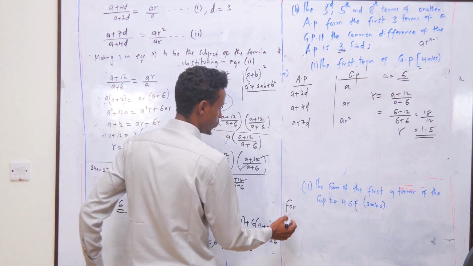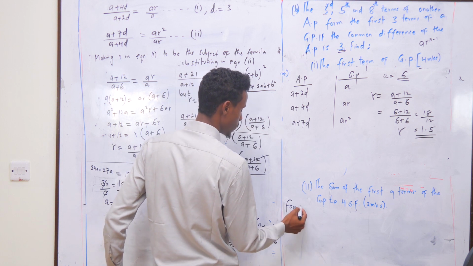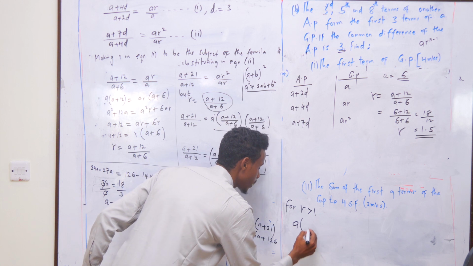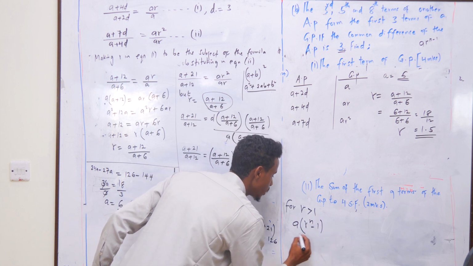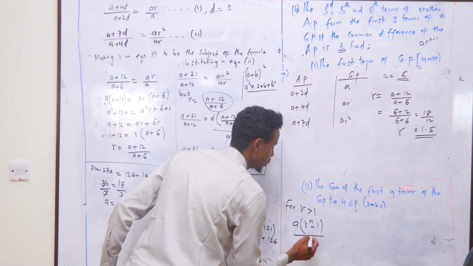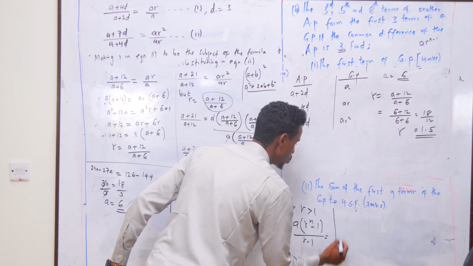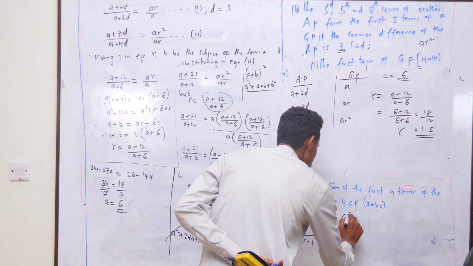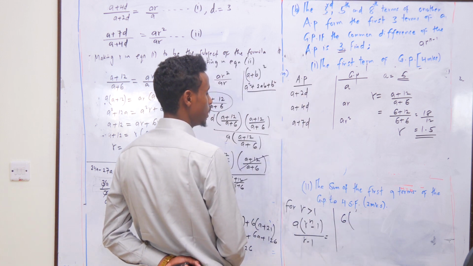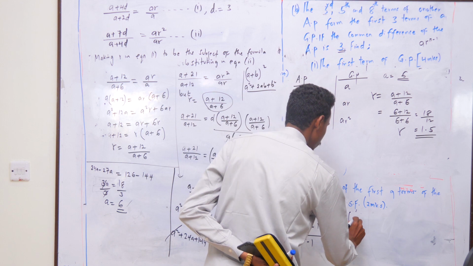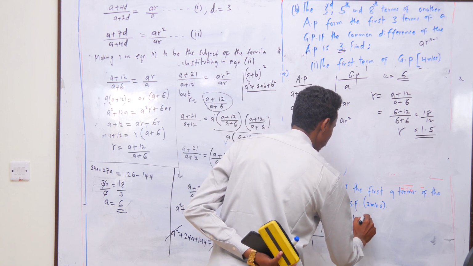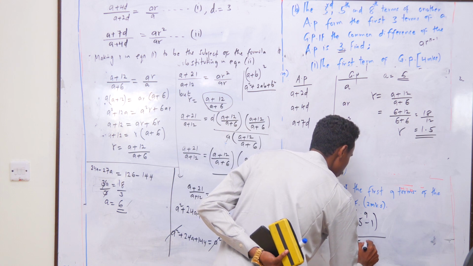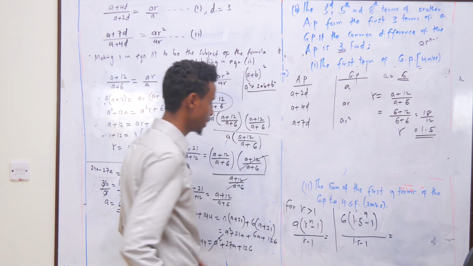Now for r greater than 1, the sum will be a into bracket r to the power n minus 1, out of r minus 1. Now let's use the formula very fast. It will be a, which is 6, into bracket r, which is 1.5, to the power 9 minus 1, out of 1.5 minus 1.